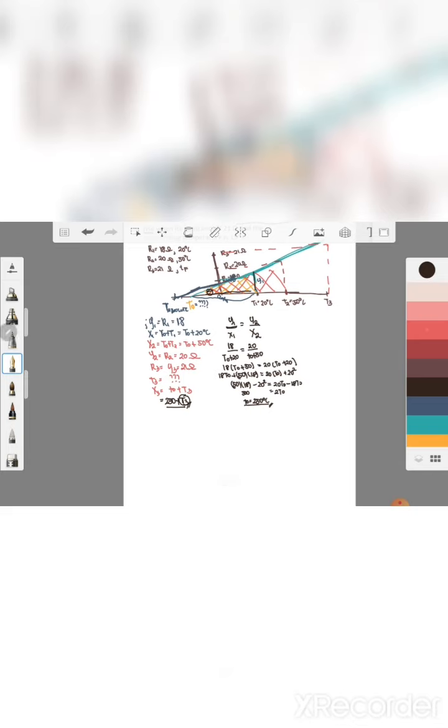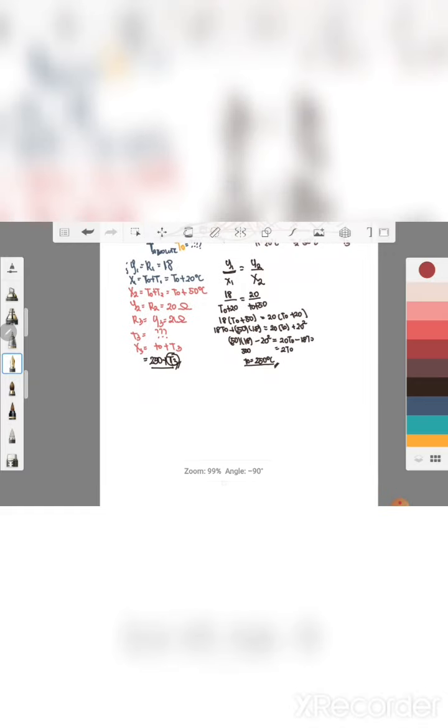So, this is your T3. Okay, hindi siya makikita ito. This will be your T3. The whole triangle. So, what we will do is go back to the basics. So, since you already know your y1, kahit anong equation ang gagamitin natin dito sa dalawa.